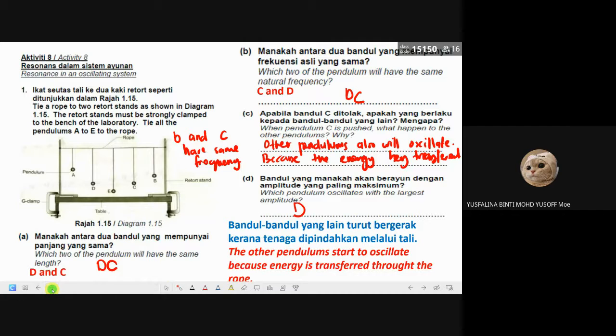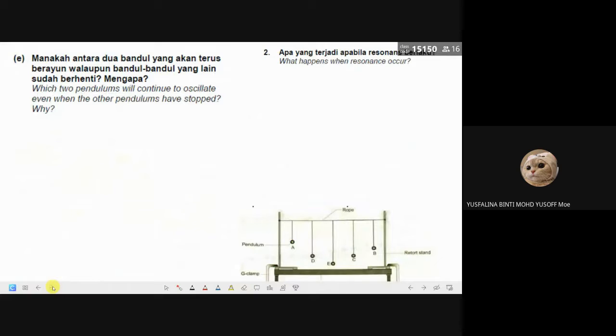Alright, the next one. So this is actually the answer. Which two pendulums continue to oscillate when the other pendulums have stopped? So what do you think? Which ones continue to oscillate? The other pendulums already stopped, but two of the pendulums will still oscillate.